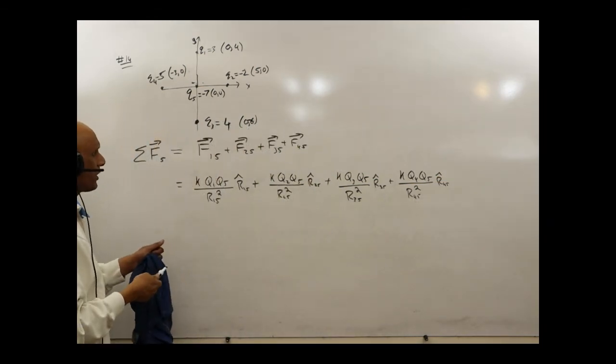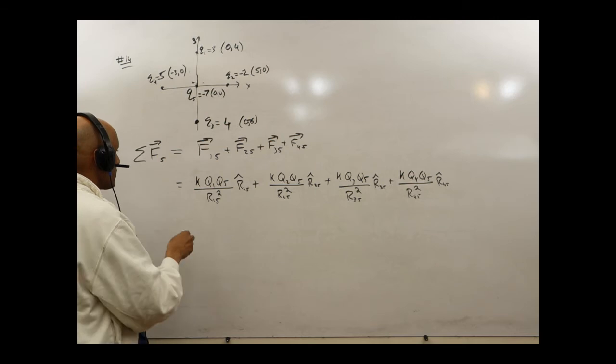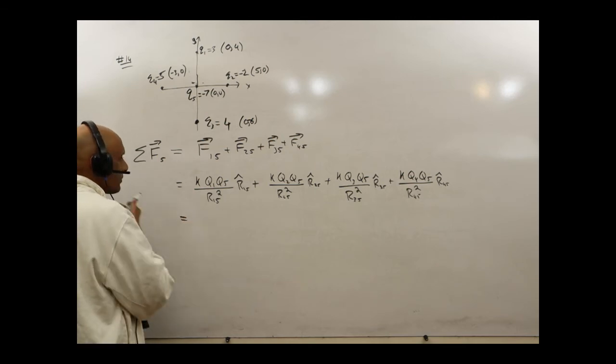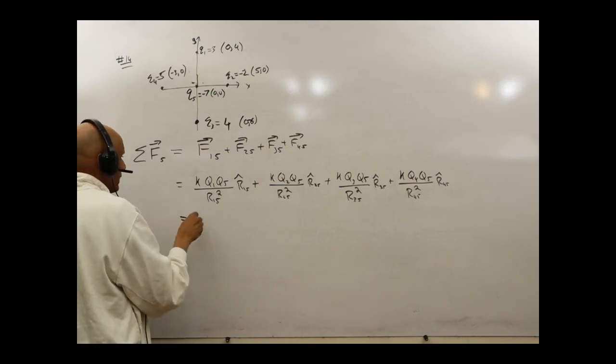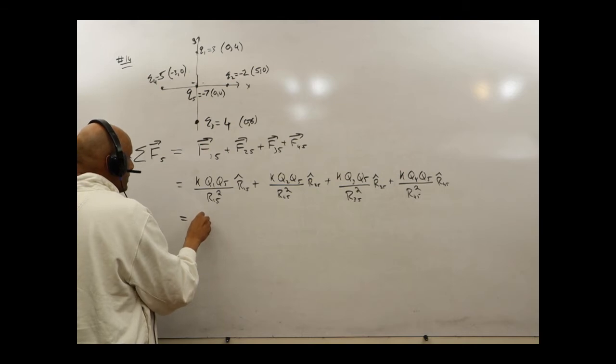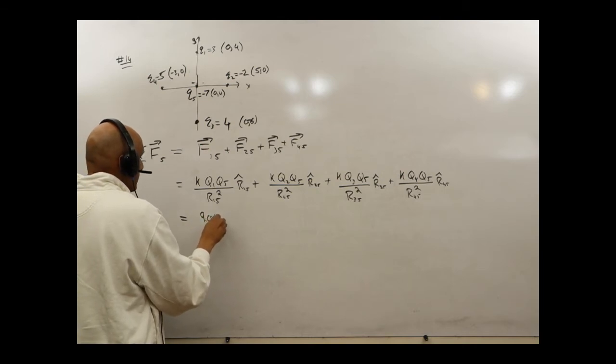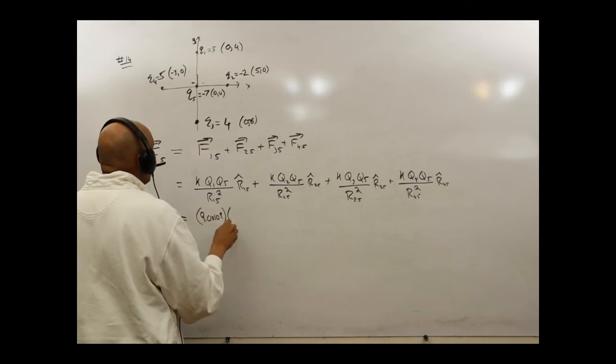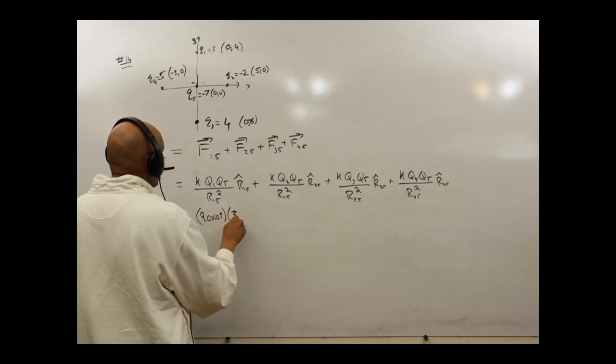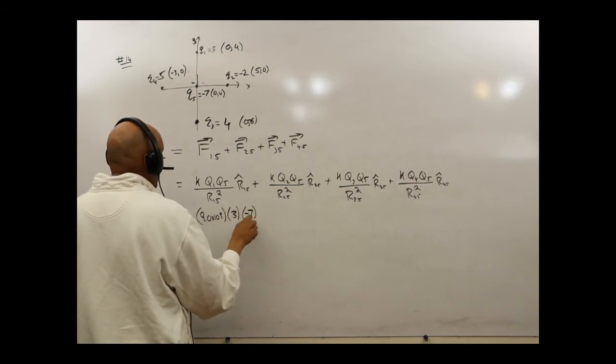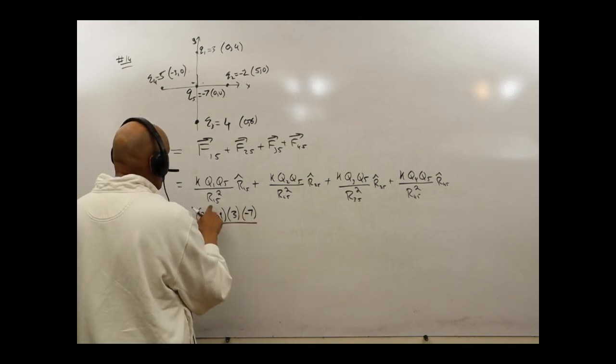Normally, if this was generally in space, it would be heavy calculation, but we can plug in things really quickly. K is 9.0 times 10 to the 9 standard units. Q1 is 3, Q5 is -7. What is the distance from 1 to 5?